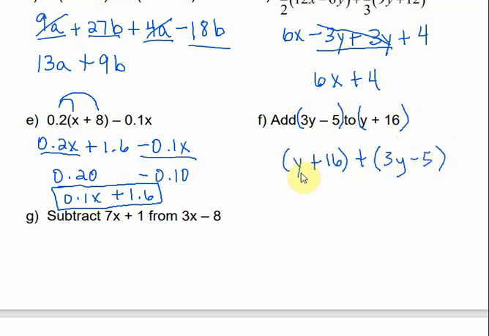Now, if I don't have anything in front of the parentheses, I can just drop the parentheses. And if there's a plus sign in front of the parentheses, that's just like a 1. Well, 1 times anything is just itself, so nothing changes. So that would just be plus 3y minus 5. Okay, so then if I'm going to combine like terms, y or 1y plus 3y would be 4y. And then 16 minus 5, that would be 11.